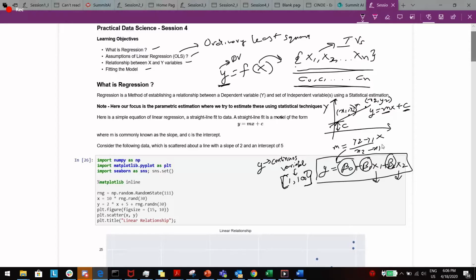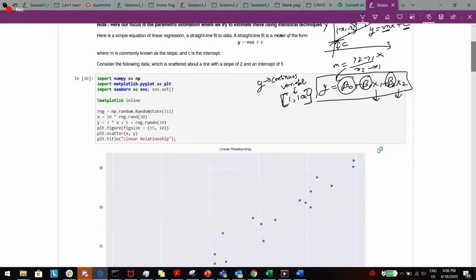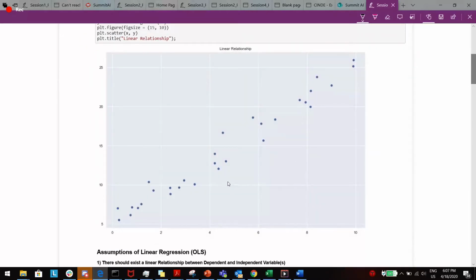Now let's plot some points and see how the distribution is. These are simulated points where we are trying to simulate a linear relationship between my y variable and x variables. Now I can draw a line that can fit.